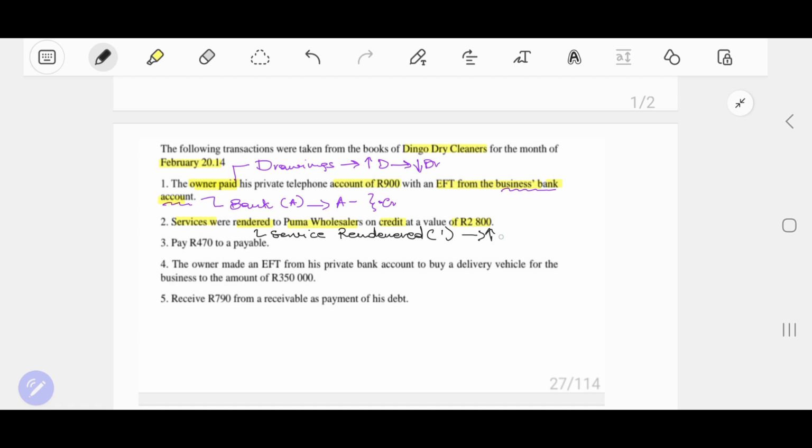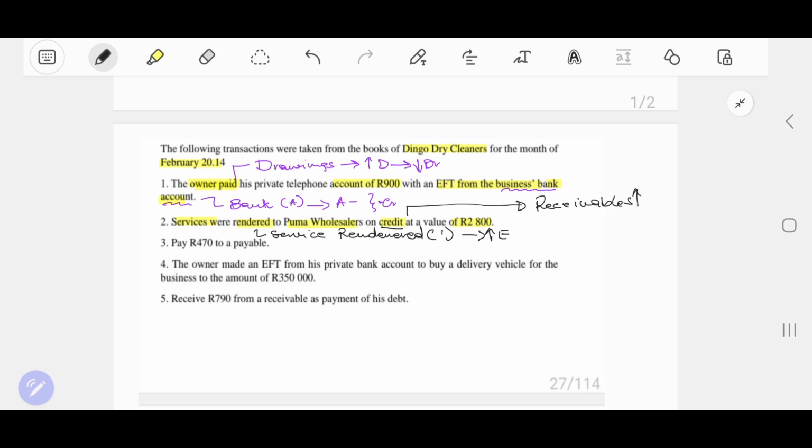It results in an increase in equity. So these services were rendered on credit. That means that the other account which is going to be affected is receivables. So these are debtors now.